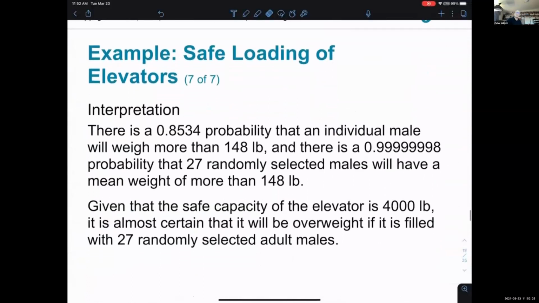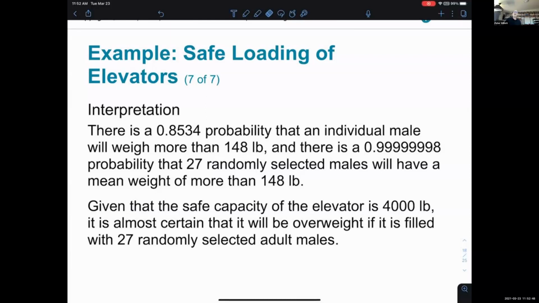Final slide, 7 out of 7. It says there's basically an 85% probability that an individual male will weigh more than 148 pounds. But then more accuracy is given. As you can see, the 9s just keep going.